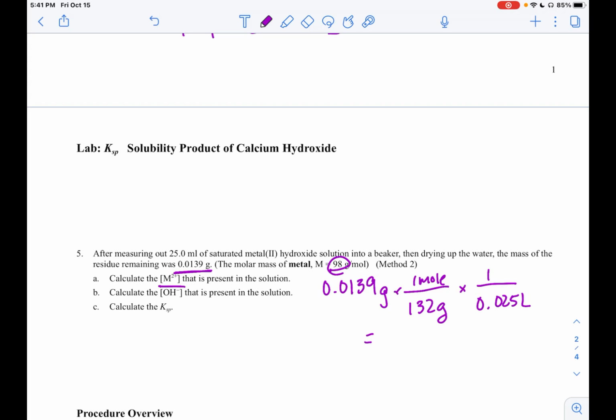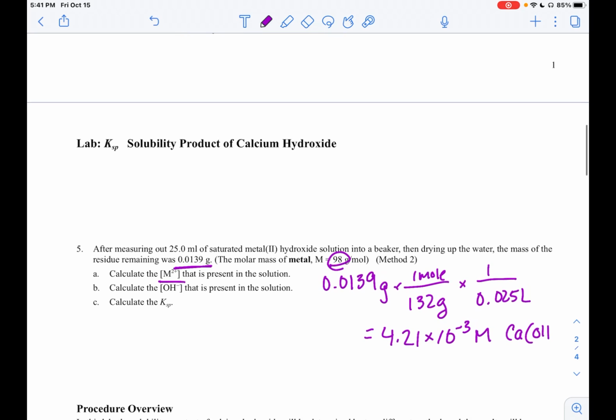So that comes out to be 4.21 molar of, oh, sorry, not Ca for this one, of MOH2. Now, because for every 1 mole of MOH2 we have 1 mole of M2+, this is also the concentration of M2+.